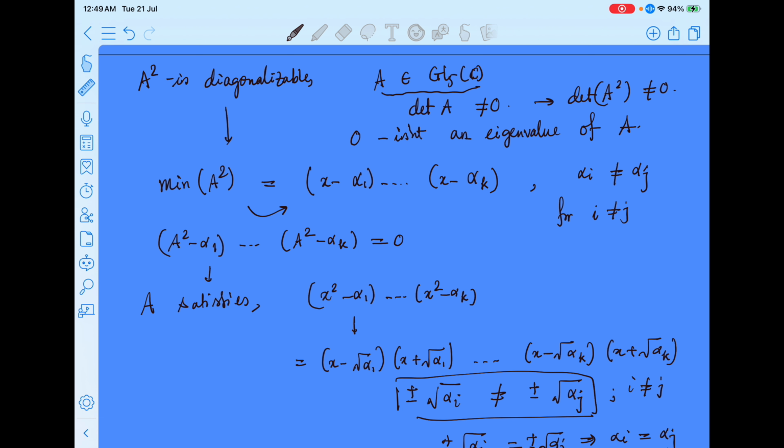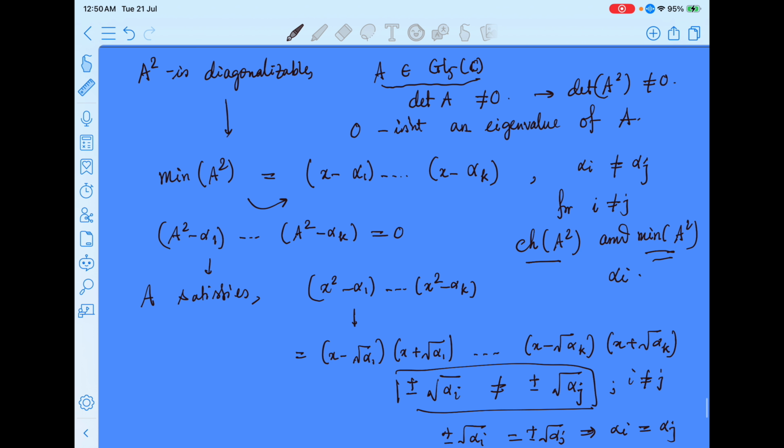And we know that the characteristic polynomial of A square and the minimal polynomial of A square have the same roots except multiplicities, right? So the characteristic polynomial of A square does not contain 0 as a root. So then the minimal polynomial of A square does not contain 0 as a root, right? So that implies alpha is not equal to 0.